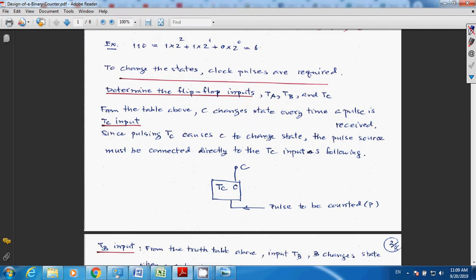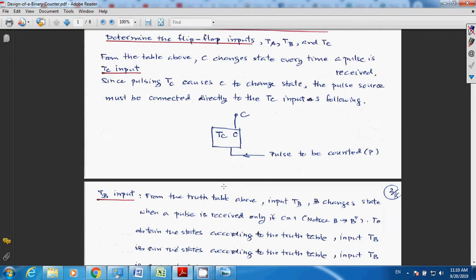So that means it will be connected to the pulse, no doubt about that. Since the pulse toggles C, the pulse source must be connected directly to the C input as follows. So this is the digital circuit for your TC flip-flop.